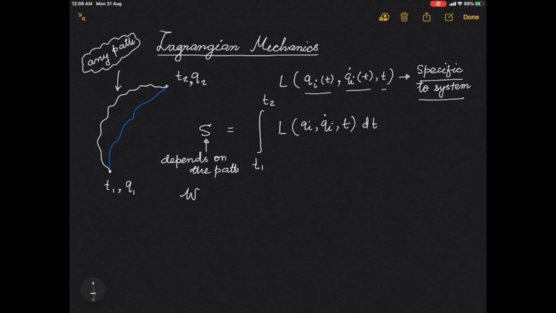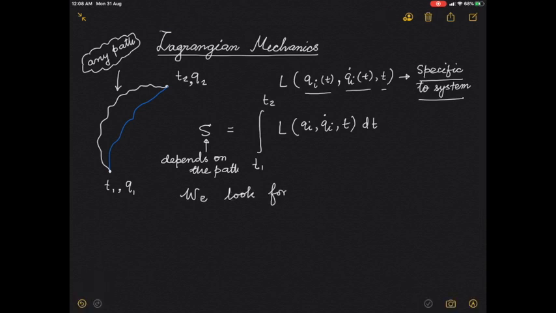But that still doesn't fix the value of L, because for different trajectories for the given system, L can be different. So I choose a trajectory and then calculate this integral. And so this S depends on which path I have chosen.